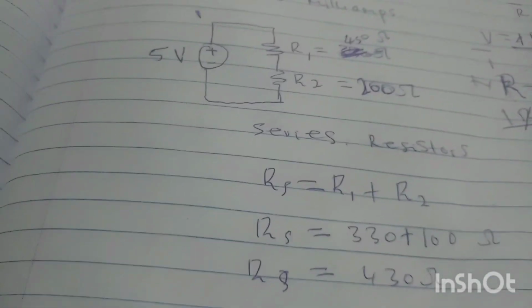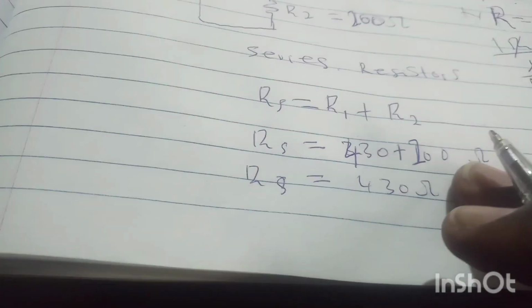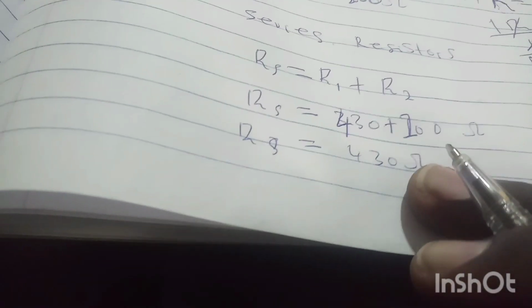In my case, I have 430 and I have 200 here. So in a nutshell, it's going to be 630 ohm. That's the total resistance.